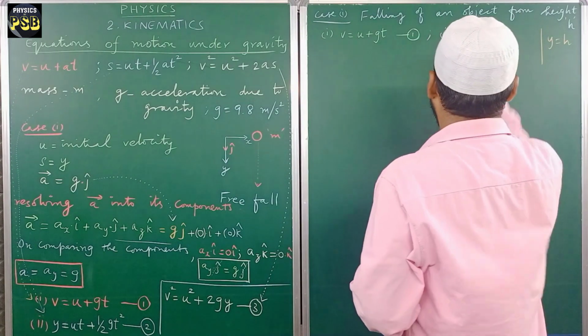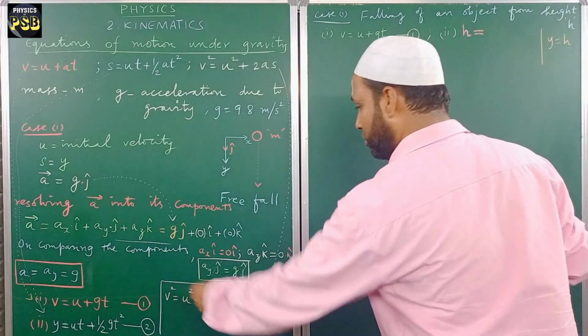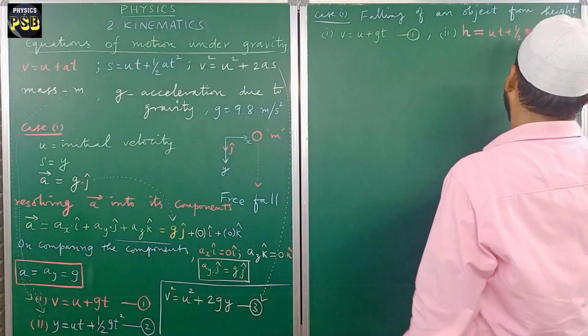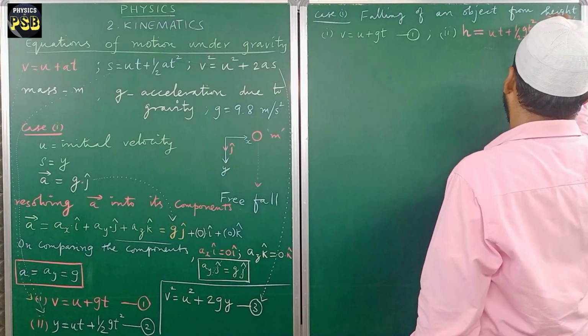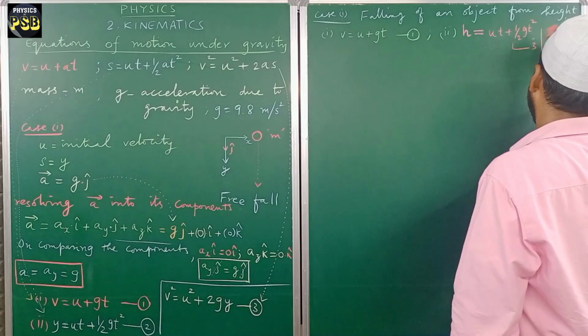Now let's change the color. h is equal to ut plus half gt square. This is taken as equation number 4.